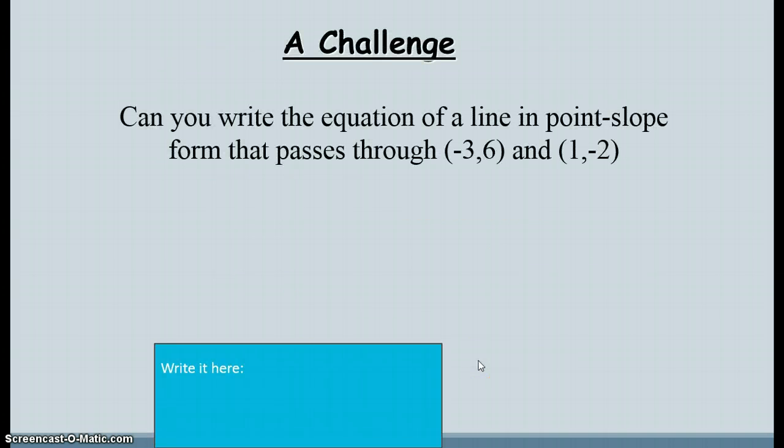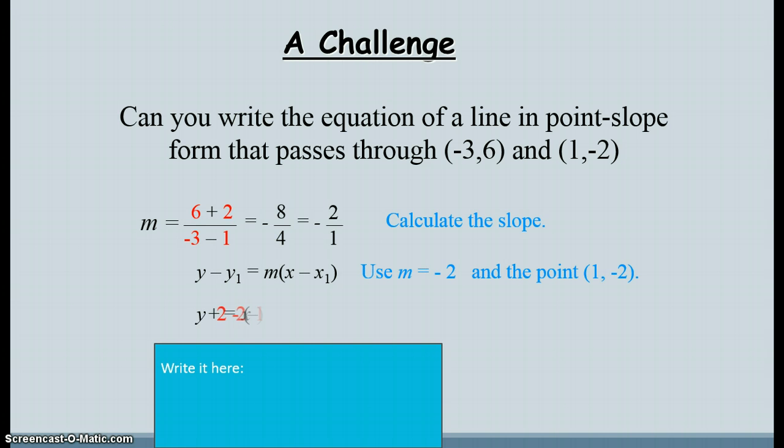So this is a challenge for you guys. Can you write the equation of a line in point slope form that passes through minus 3, 6 and 1, minus 2? I'm very sorry. So according to this, the slope would be 6 plus 2, because it's minus, equals minus 8/4, which is minus 2.